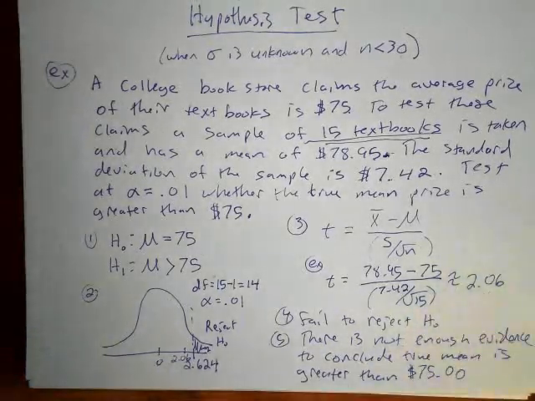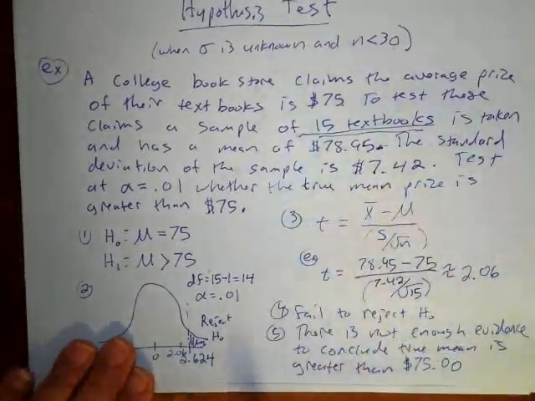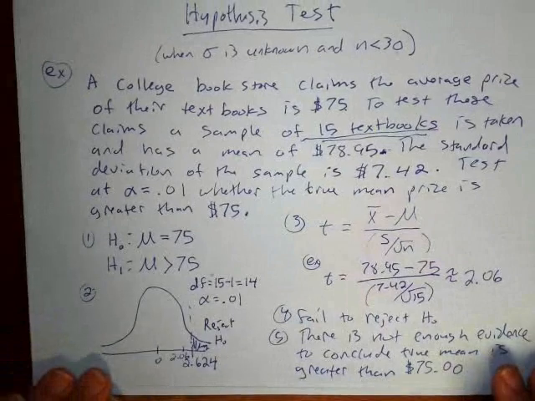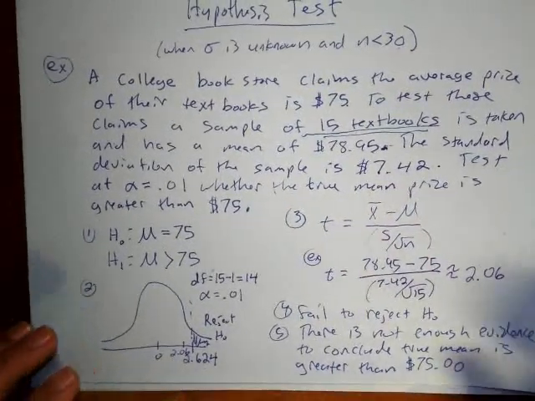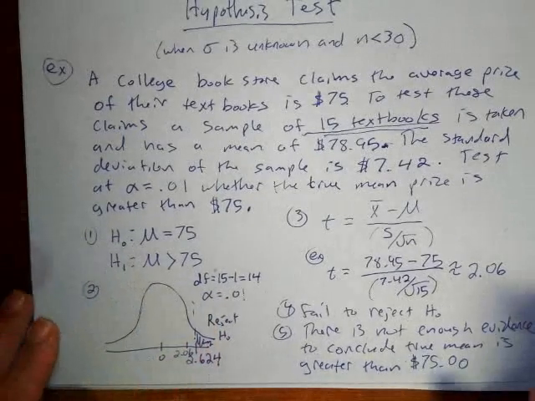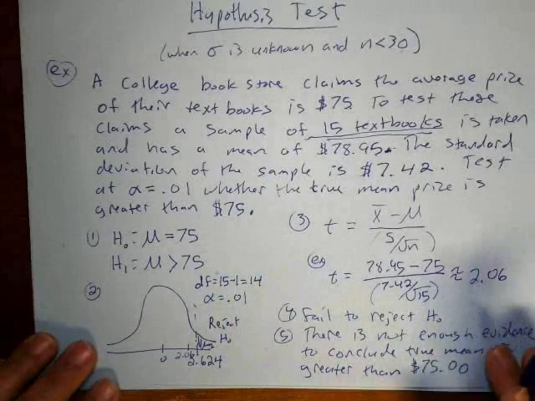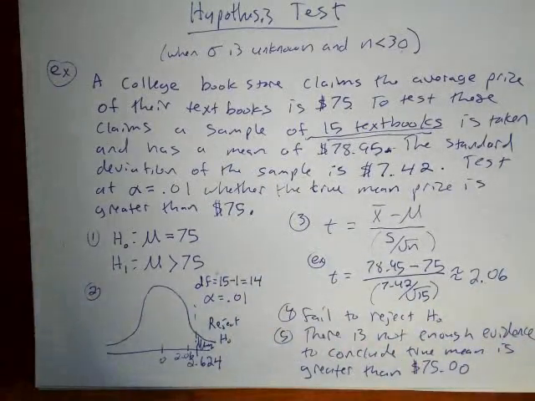So we don't have enough evidence to say that the bookstore's claim is not true, at least at this significance level, and that is a pretty high significance level. So possibly if we change to 0.05, we would have enough evidence, right?